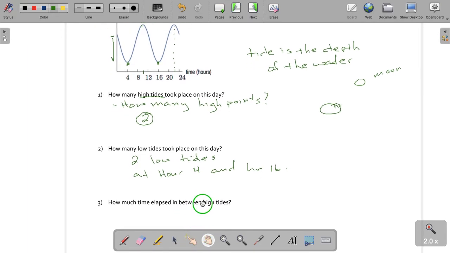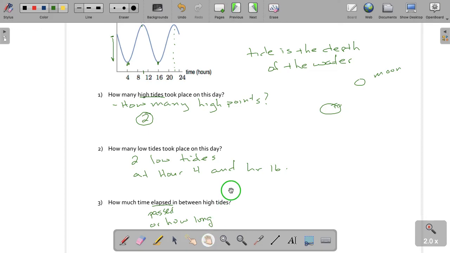All right, so I guess we have to answer the question, what does elapsed mean? All right, elapsed is how much time passed, or how long is in between high tides.